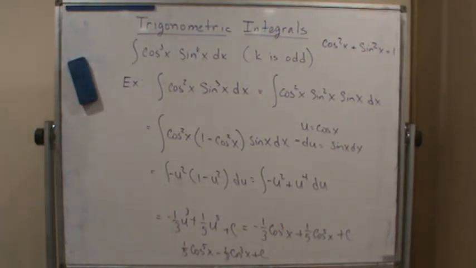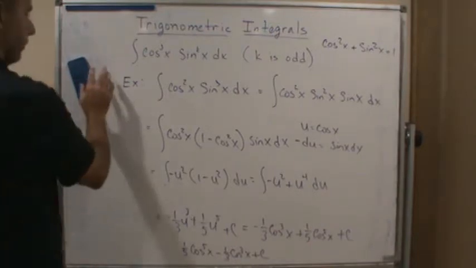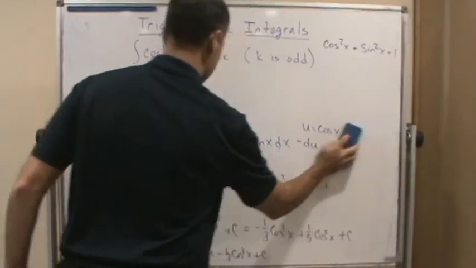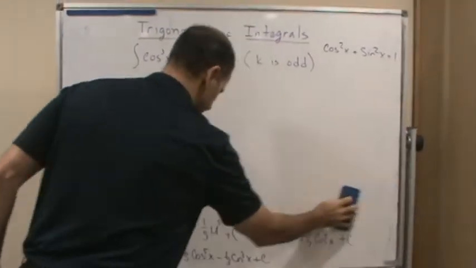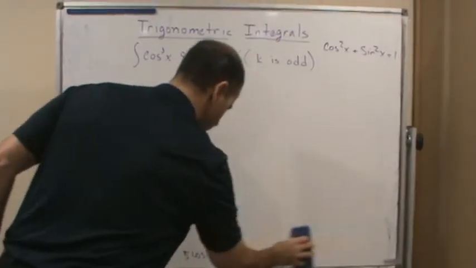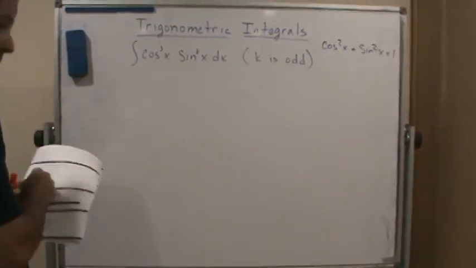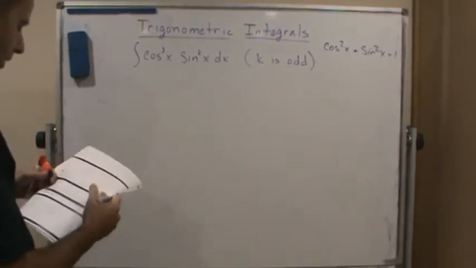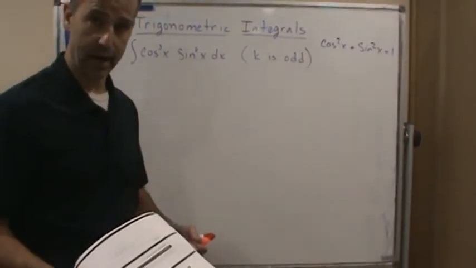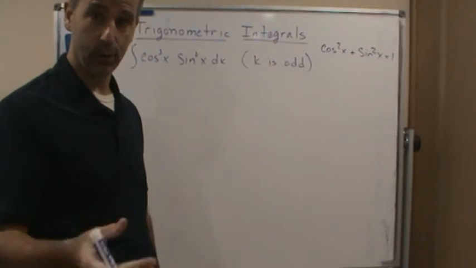Okay? So now here's one for you. You work it out the exact same way, very similar to what I did. You're going to shave off one of the sines, and then you're going to convert the other sines because it'll be an even power. That's the key.